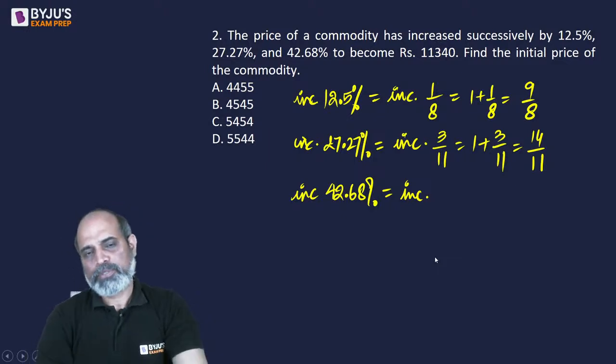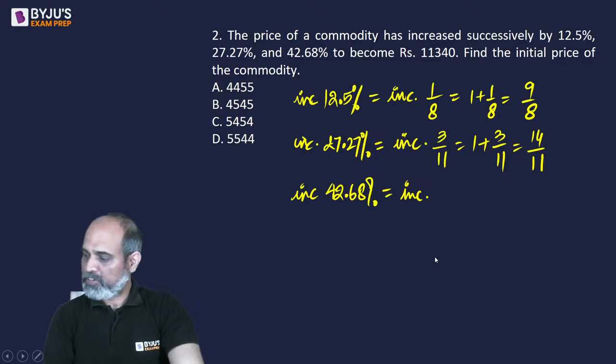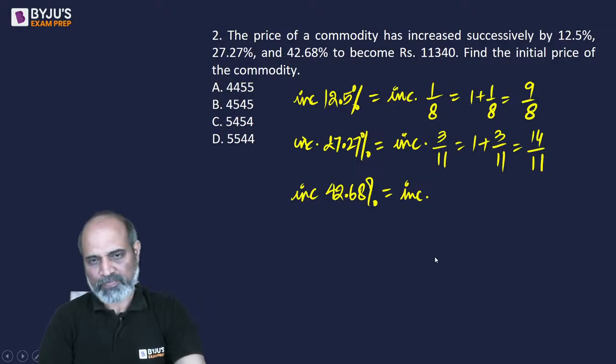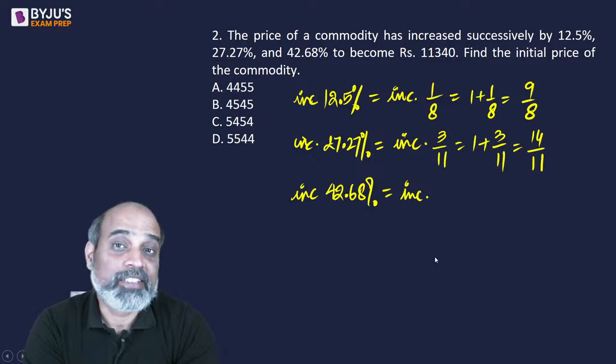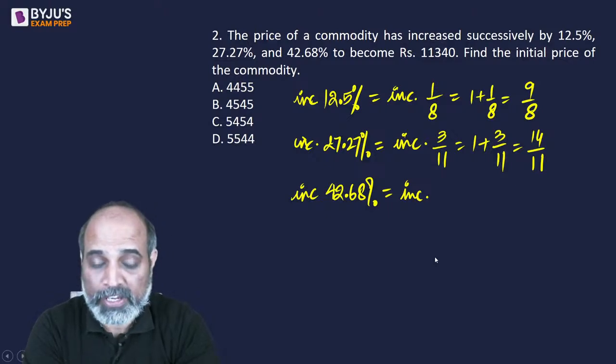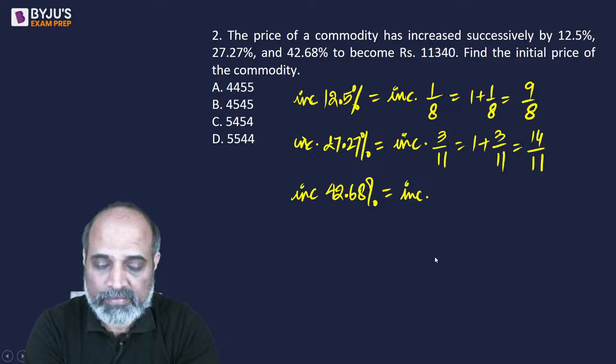If you look at the options, it's not even 41.66 or 41.33. 42.68%, what can we write that as a fraction? This is a difficult one. If we already knew the values, it would have been much easier.